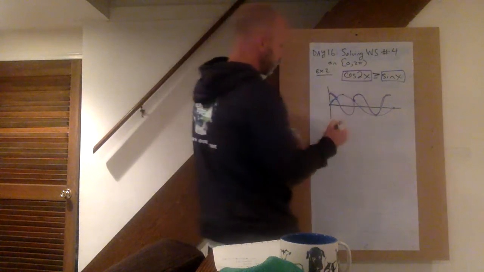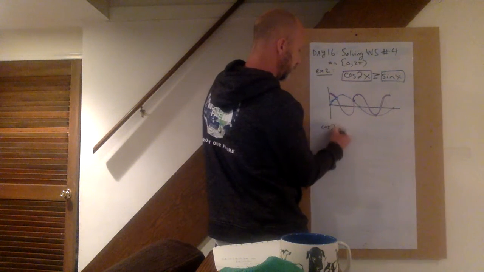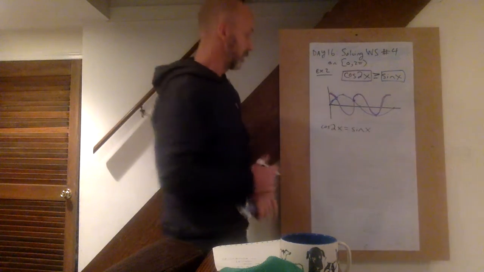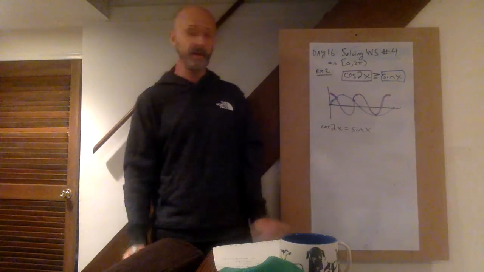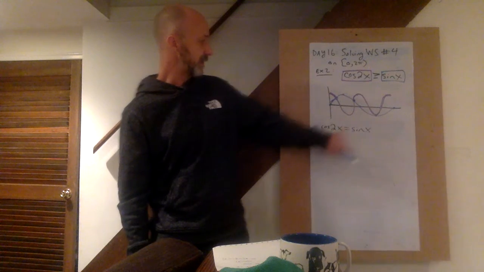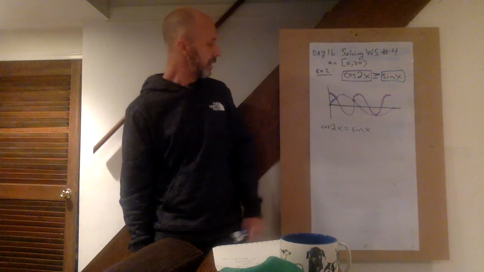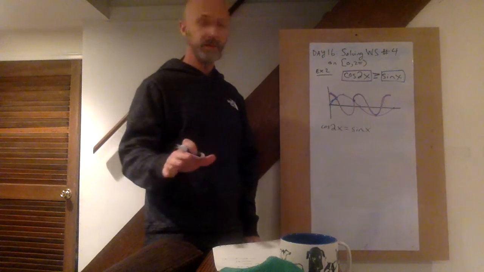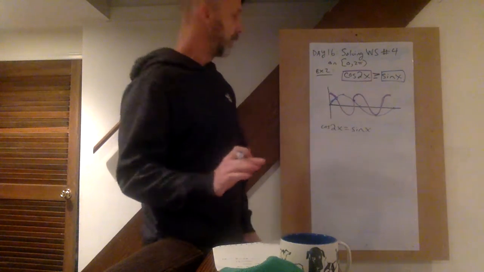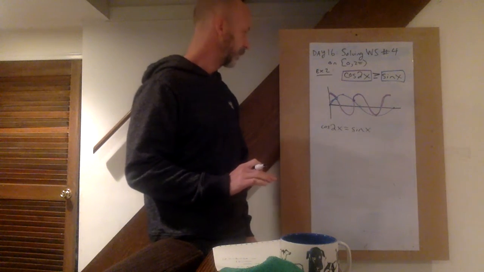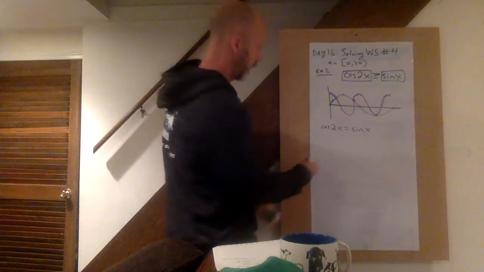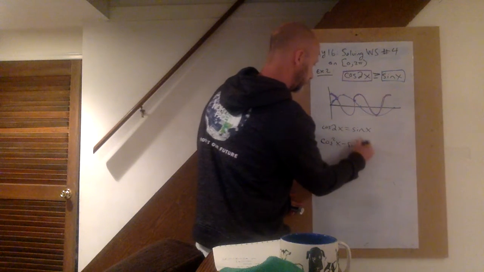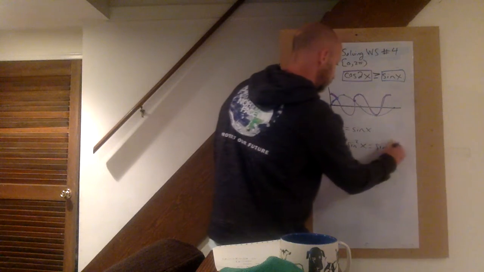I need to solve. So the question becomes, where is cosine of 2x equal to sine of x? Okay, now you see why you need a double angle identity. Cosine has twice the angle, and sine just has the angle. So we get to choose a cosine double. Anytime you get to choose a cosine double, make sure you consider all 3 possibilities. So the first possibility, I could substitute here cosine squared minus sine squared for cosine's double.